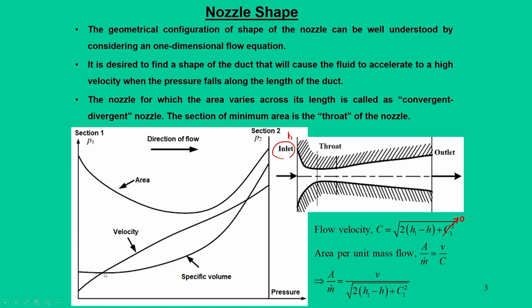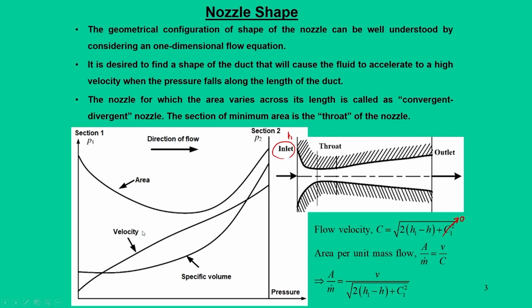But if you look at the specific volume graph, you will see that initially the change in specific volume is less, however when you go along this length, the slope of the specific volume line is progressively higher as compared to the changes that happen with respect to velocity.